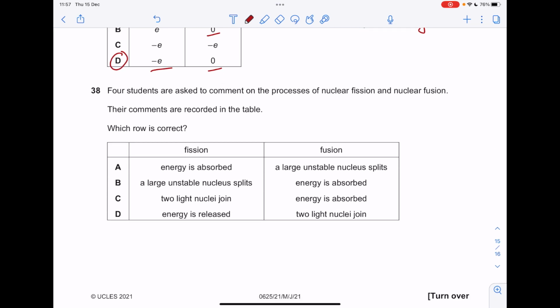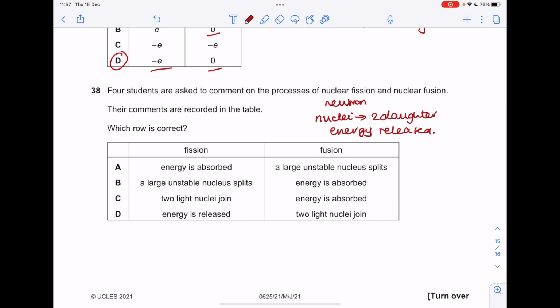4 students are asked to comment on the processes of nuclear fission and nuclear fusion. Their comments are recorded in the table. Which row is correct? Remember, nuclear fission is when a neutron is absorbed by the nucleus of something like uranium, and then the nuclei splits, forming 2 smaller daughter nuclei, and the release of energy.